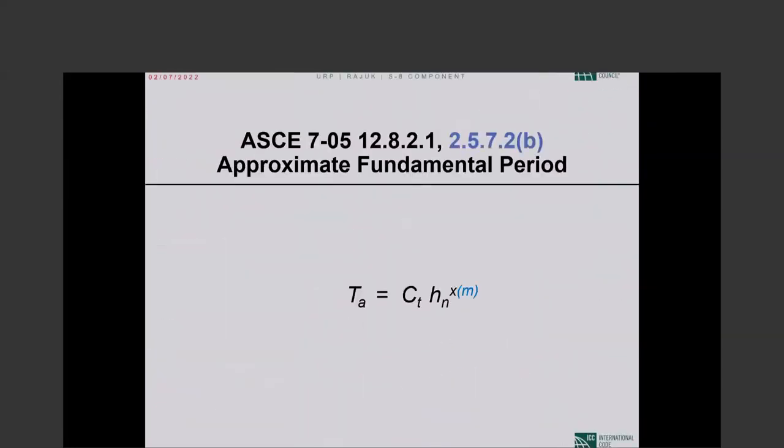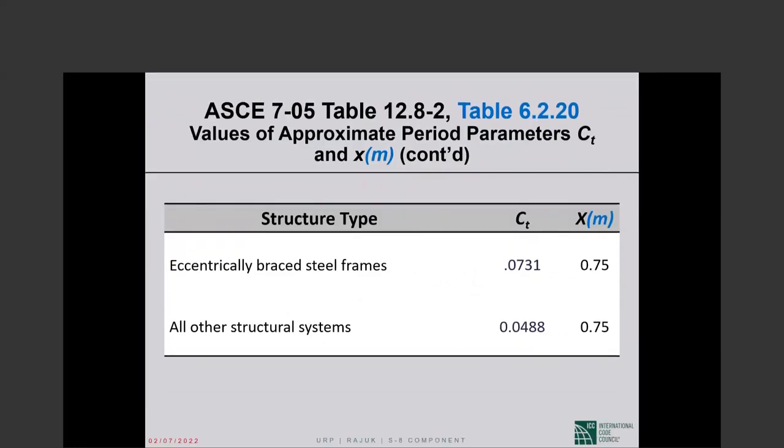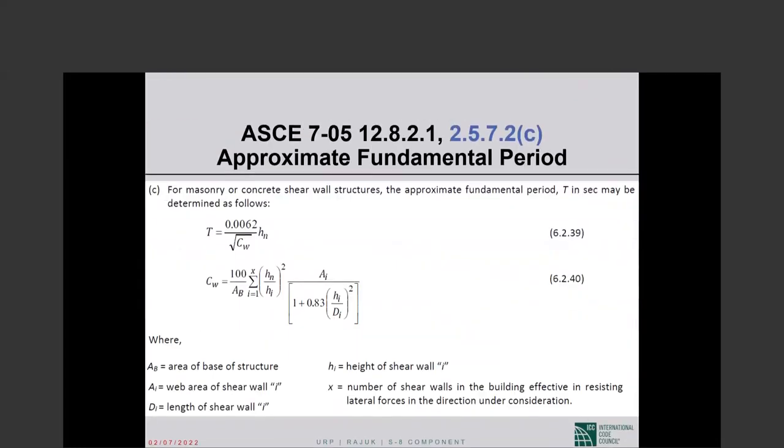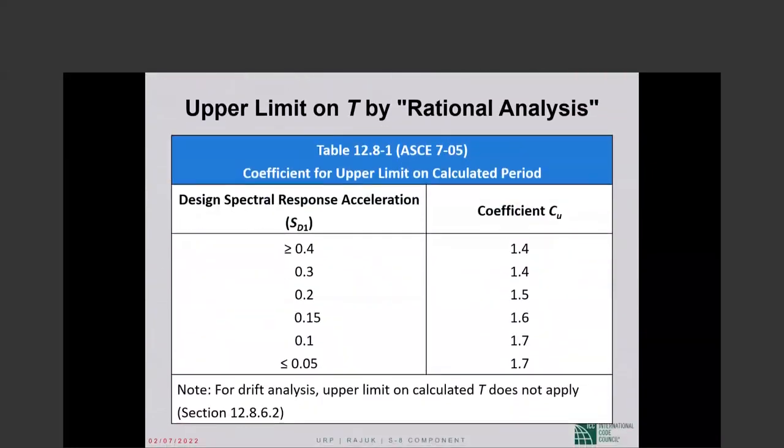Okay, the base shear V is S sub A, the spectral acceleration, multiplied by the seismic weight W. The spectral acceleration S sub A, unless you are in the flat top portion of the spectrum, is inversely proportional to period or period squared.